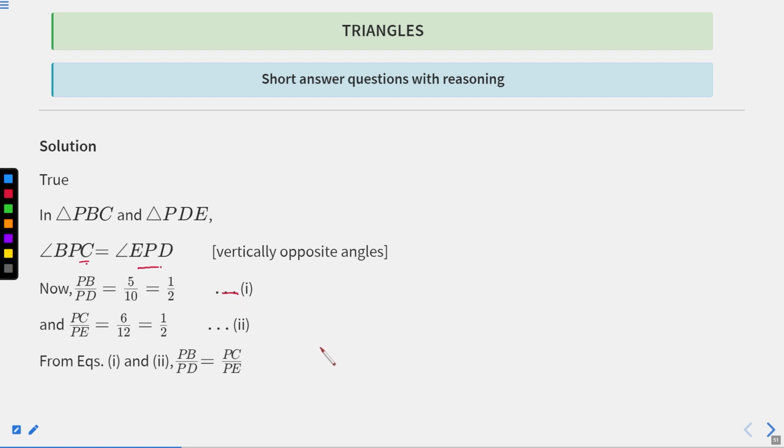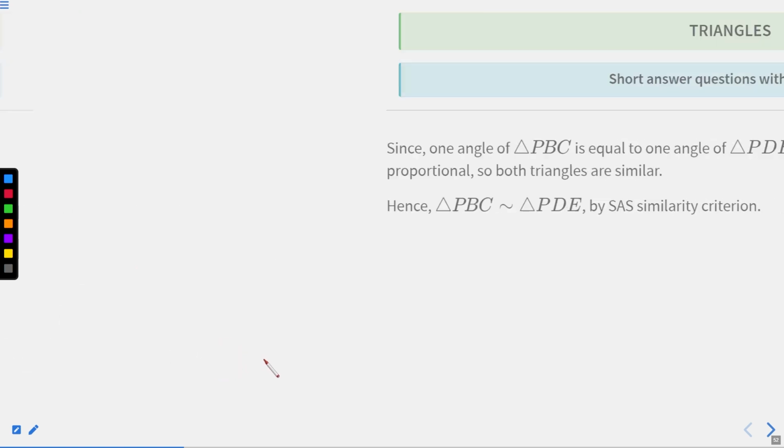And PC by PE is equal to 6 by 12, which is equal to 1 by 2; naming this equation 2. Now from equations 1 and 2, PB by PD is equal to PC by PE.